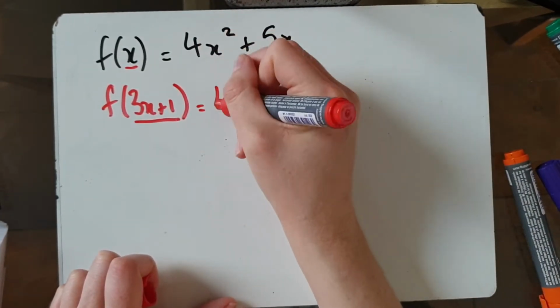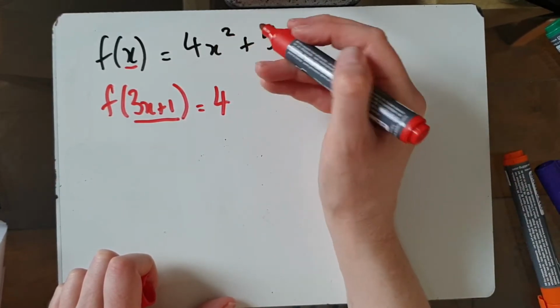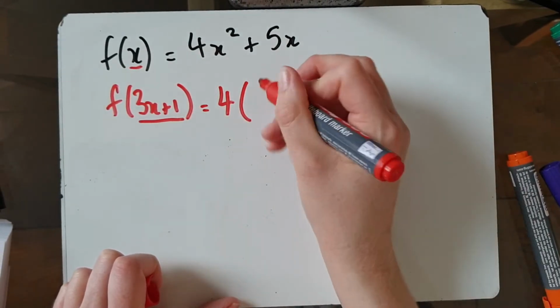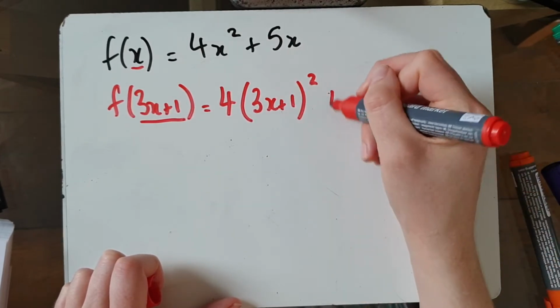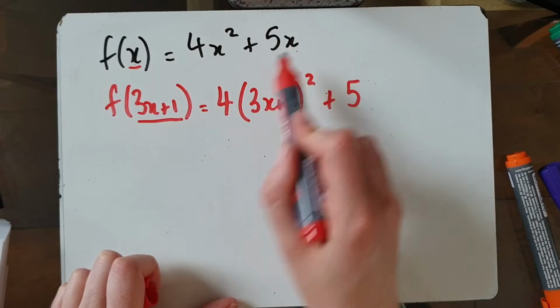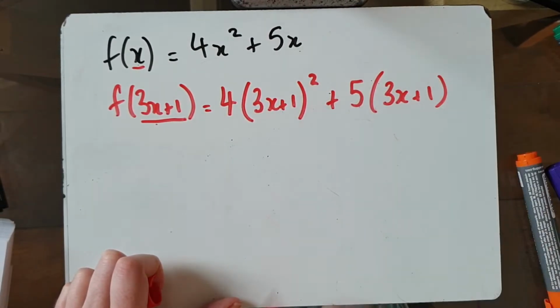So we're going to have 4, that doesn't change because it's nothing to do with x. X squared, the squared only applies to the x. But instead of x, we've now got 3x plus 1. So 3x plus 1 squared. Plus 5 doesn't change. But instead of x, we've now got 3x plus 1. So that's going to be 3x plus 1.